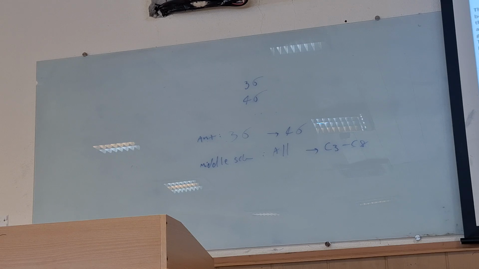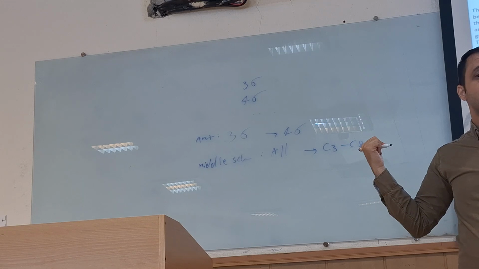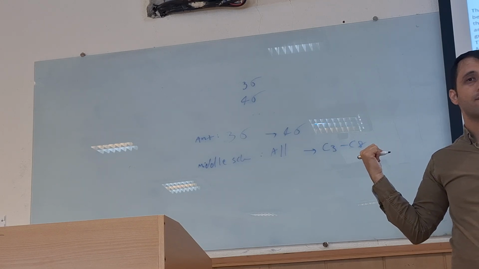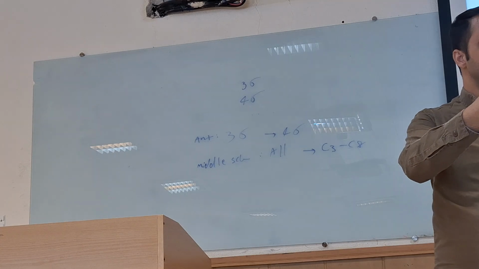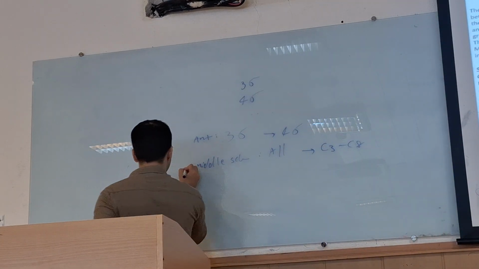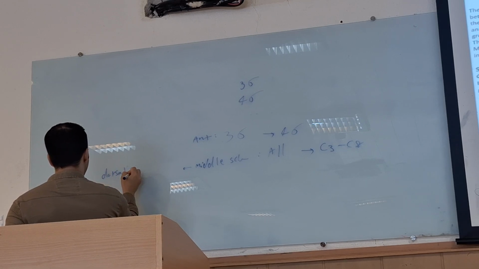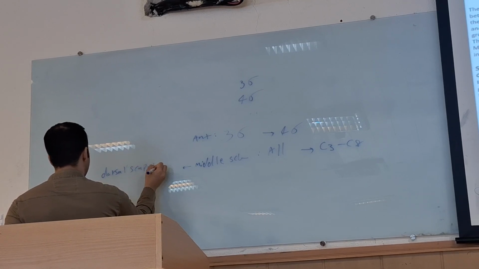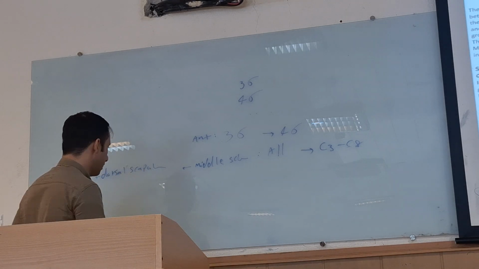Which nerve? Dorsal scapular. And another nerve? Long thoracic nerve. Yes. Long thoracic.